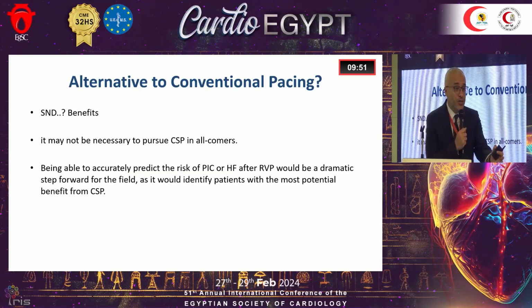But not all patients with a conventional pacemaker will develop pacemaker-induced cardiomyopathy. So I think we need some further data in order to know which patient will develop it and hence who will benefit from conductive system pacing. I think this will be the first point, to implant conductive system pacing instead of the conventional pacemaker.